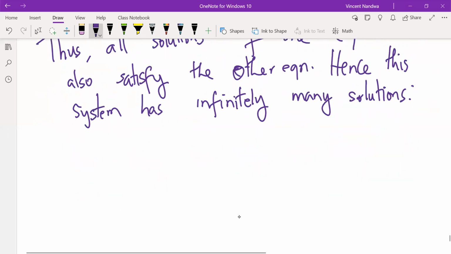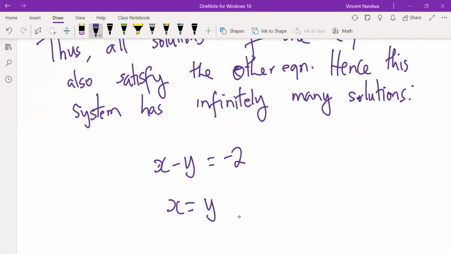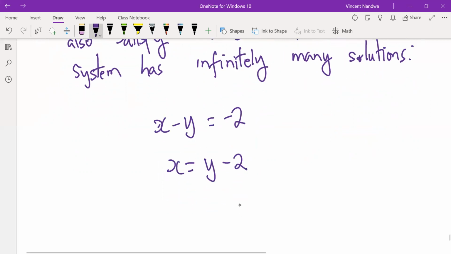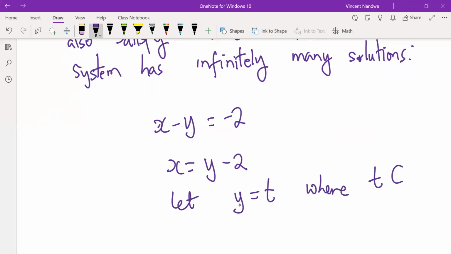And so x minus y equals minus 2 means x equals y minus 2. So we let y be t, where t is any real number.